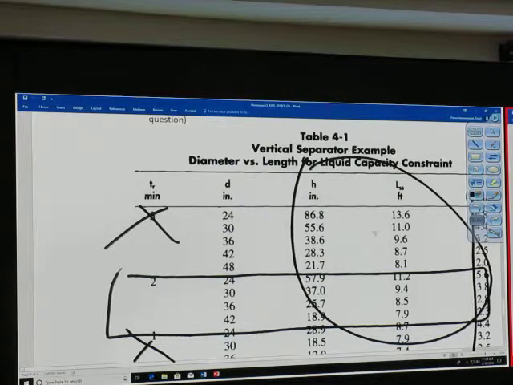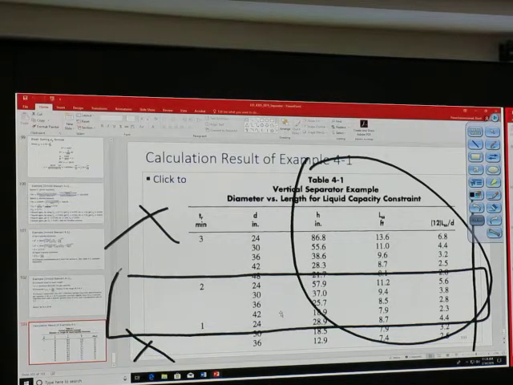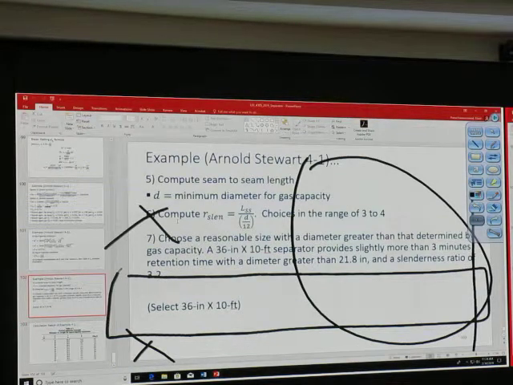Now I'm just trying to figure out, how do we distinguish which one is better than the others? Based on slenderness ratio. But it doesn't give us anything here for figuring out which slenderness ratio we want to pick. So we go with the slide, which is 3 to 4. Select the one that's between 3 to 4.